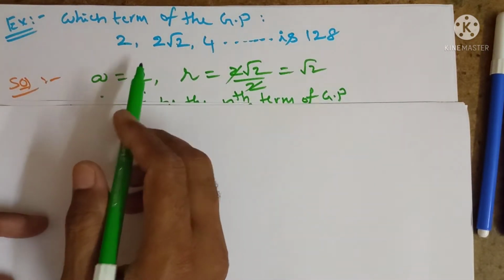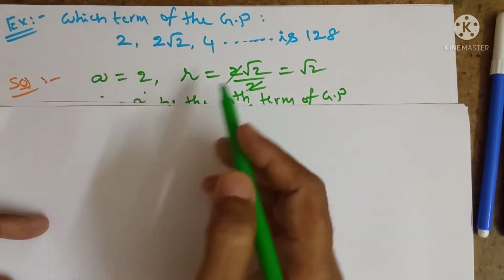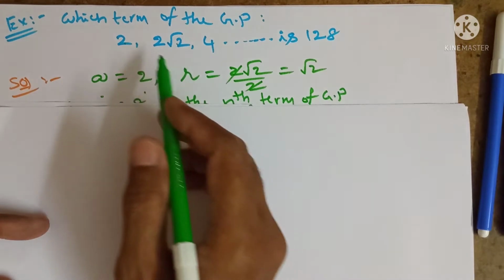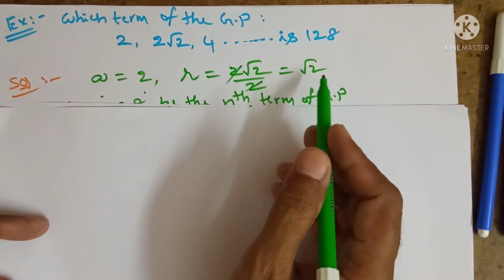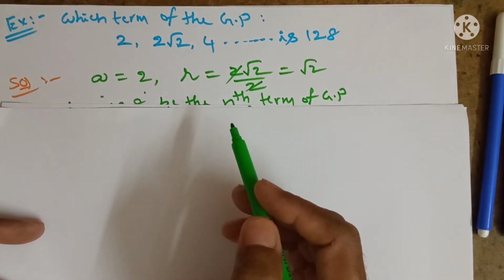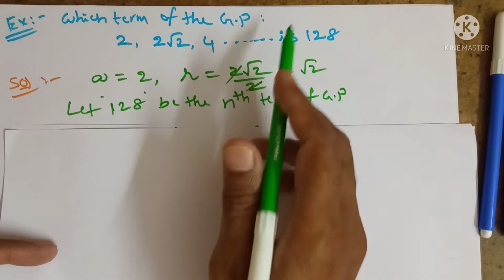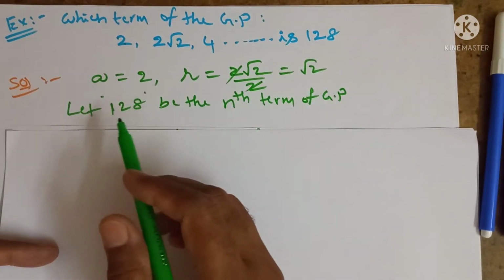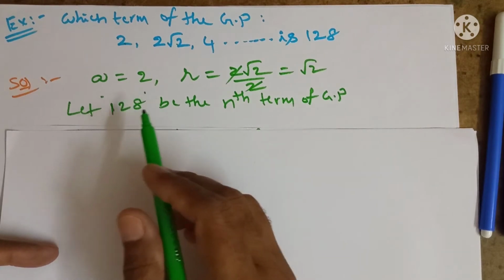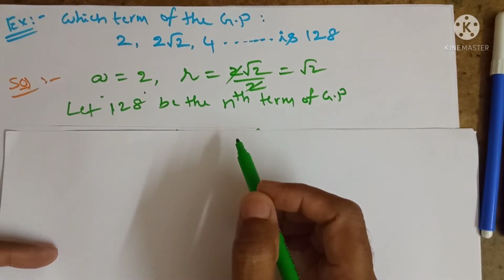This is the first term, so A is equal to 2. R is the common ratio, second term by first term, 2 root 2 by 2, that is equal to root 2. Now, let us assume 128 is the nth term of the GP.